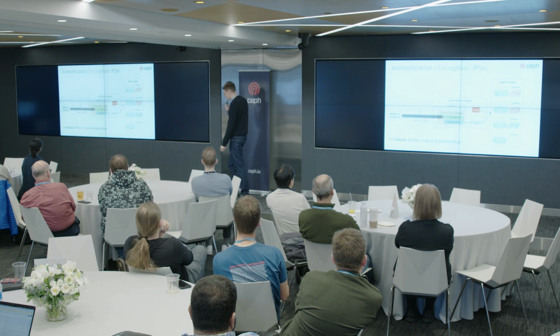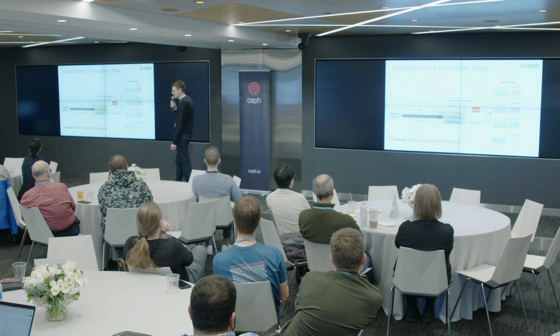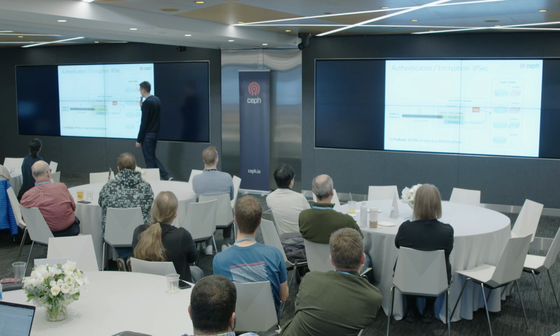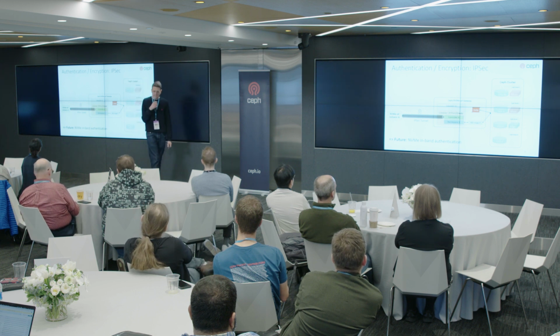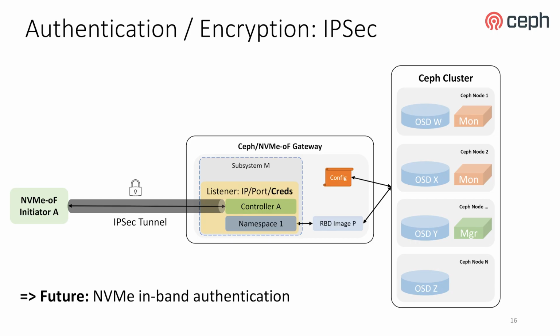The next one is also, of course, a big one, especially if you want to deploy this in an enterprise setting: authentication and encryption support. What we had in mind for now is a plugin architecture where you can add your own authentication or encryption method to the Python daemon.